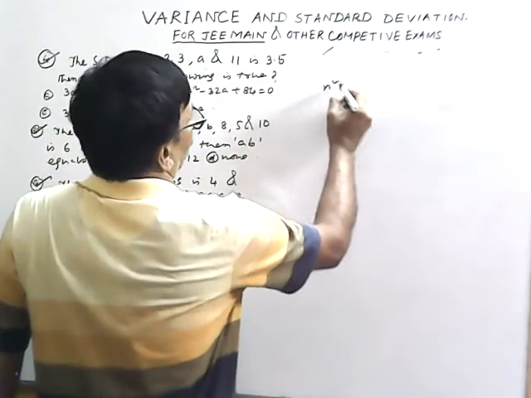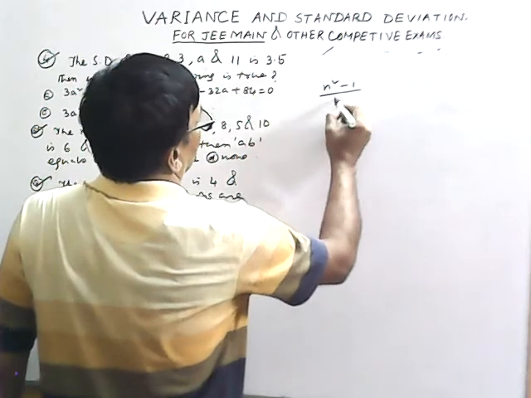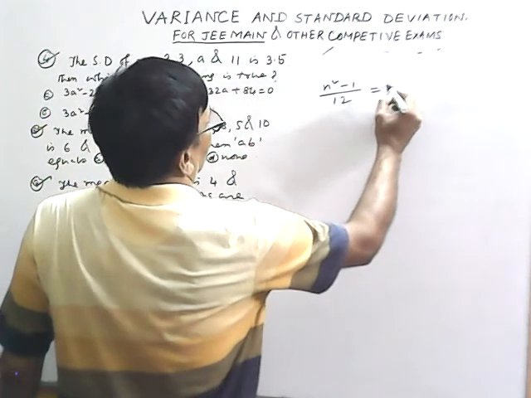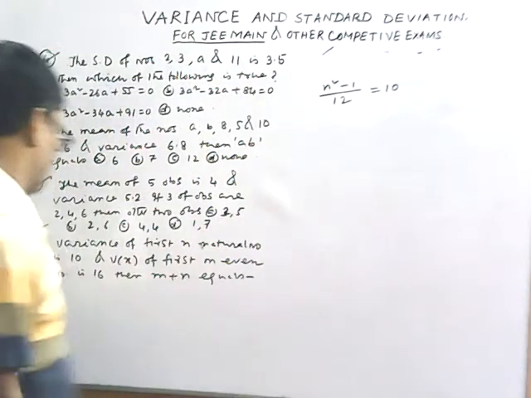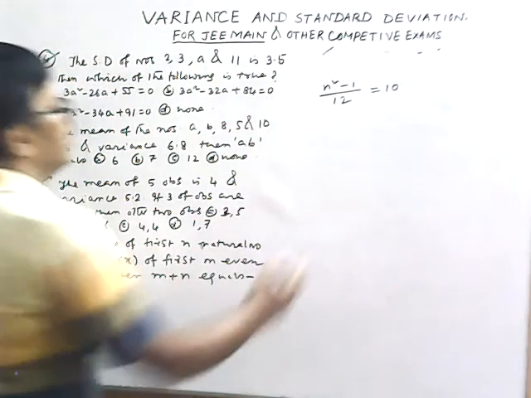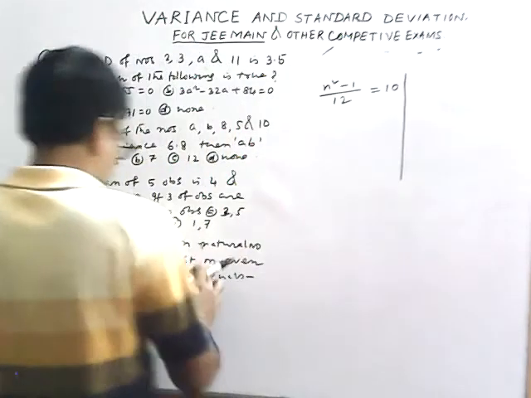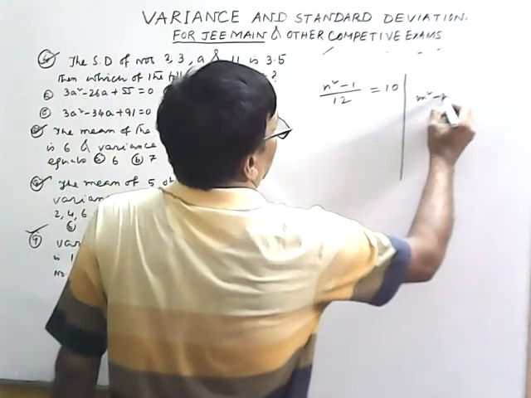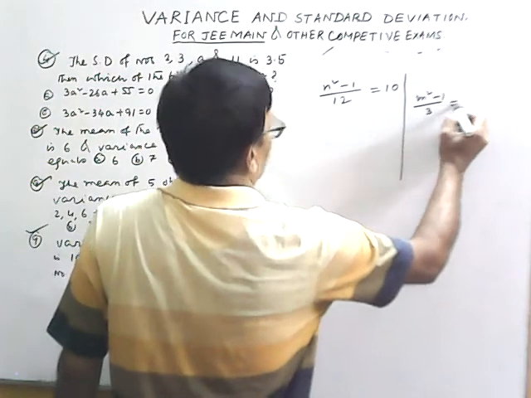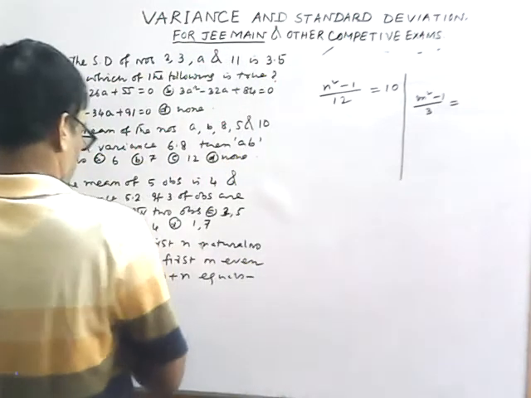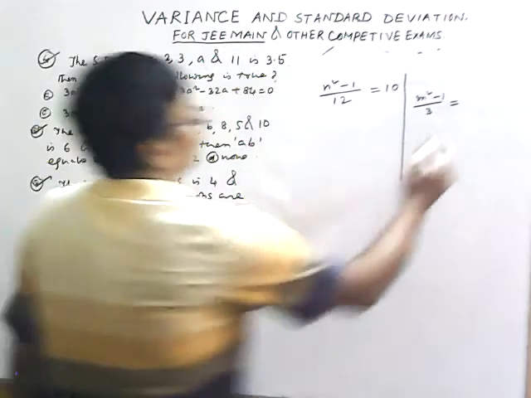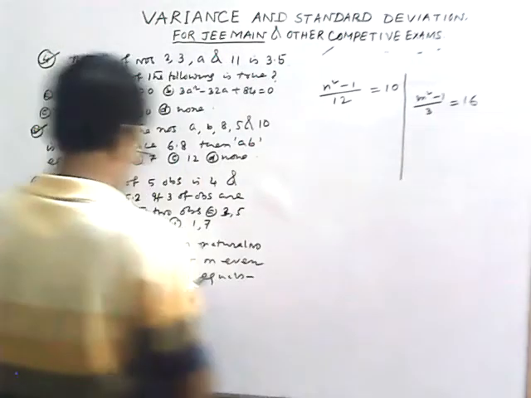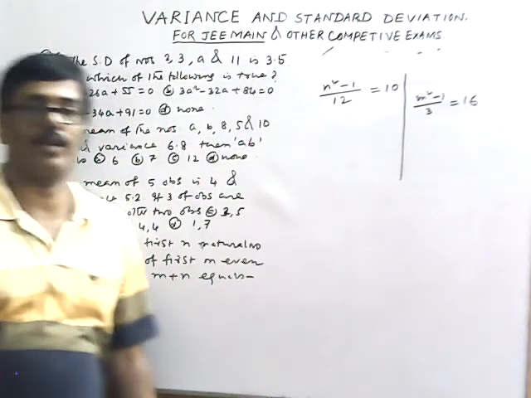So the variance (n square minus 1) by 12 is 10. And the variance of m even natural numbers, (m square minus 1) by 3, equals 16. What is the value of m plus n?